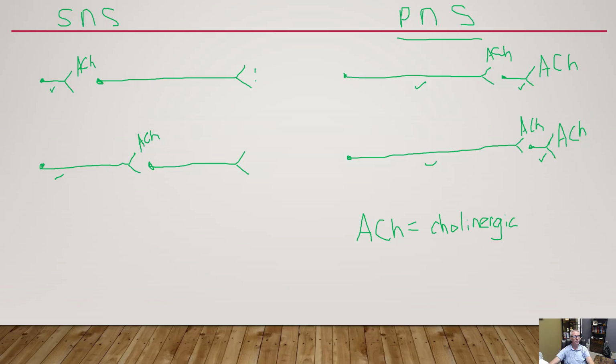Actually, it's going to be norepinephrine. Postganglionic sympathetic nerve fibers release norepinephrine. So anytime anything releases norepinephrine, we call those adrenergic neurons.